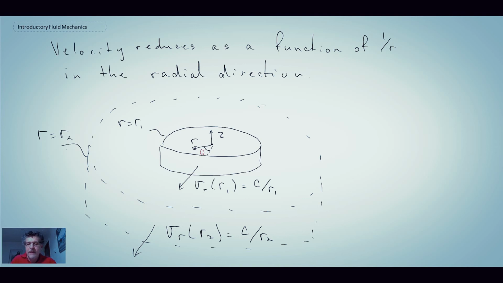So what you're finding is that as you go further and further out, the velocity is going down and down and down just because the area that it's flowing through is getting larger. So by conservation of mass, we know that the velocity is going to drop down. So that's a particular case where there is no v theta, and it's only one-dimensional flow going in the radial direction, but applying the continuity equation to cylindrical coordinates.